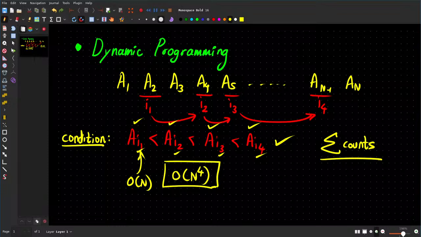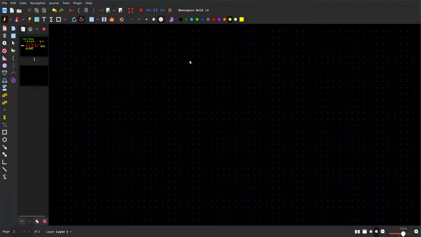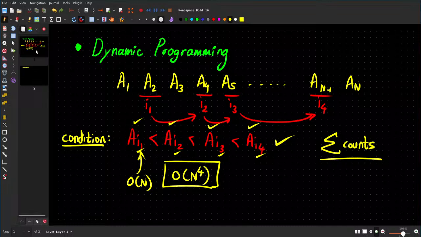Let me go over the ideas for solving any dynamic programming problem. We are always constructing something in a dynamic programming solution. So we always have some construction, and let's say this is some mathematical representation of the thing that we are computing.